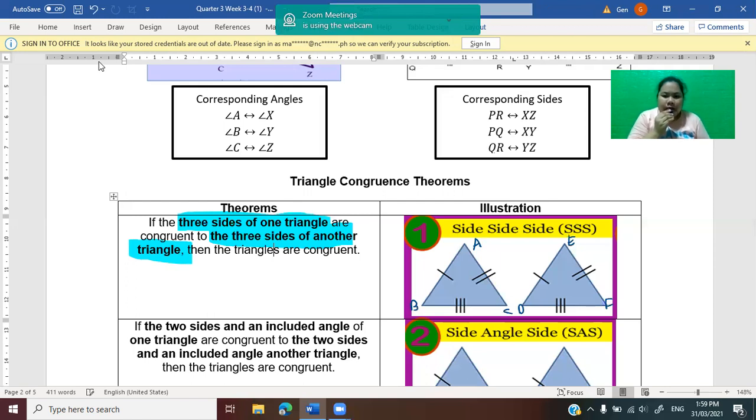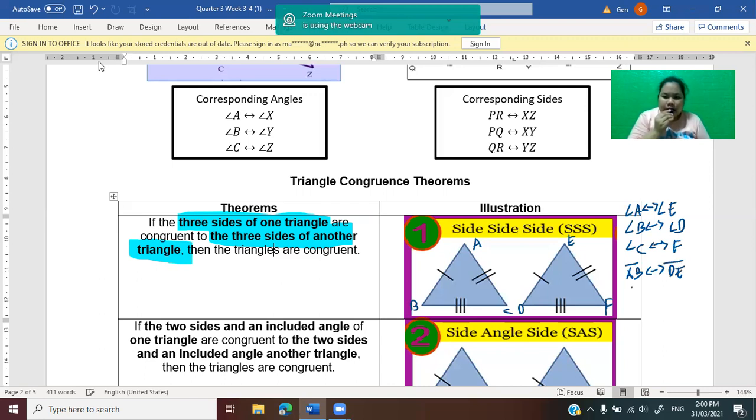So let us identify the corresponding angles. So angle A corresponds to angle E. Angle B, dapat same positions, angle D. And angle C corresponds to angle F. For corresponding sides, we have AB corresponds to DE.